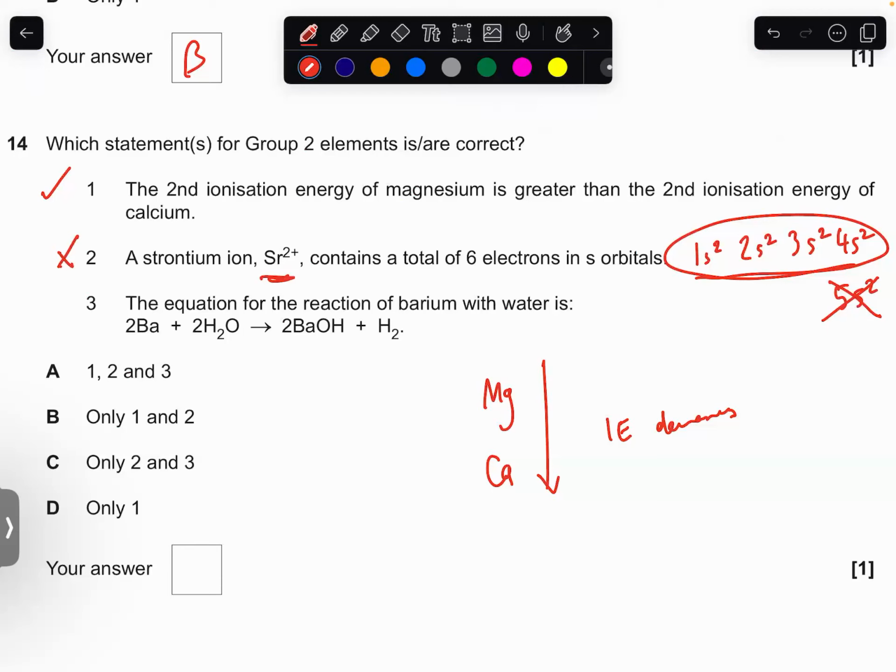And the last one, number 3, equation for the reaction of barium with water is as follows. It's supposed to give you the hydroxide, and the hydroxide is this, because barium is a 2+ ion and hydroxide ions are -1. So this is incorrect as well. 1 only. Yep, and the mark scheme supports that.